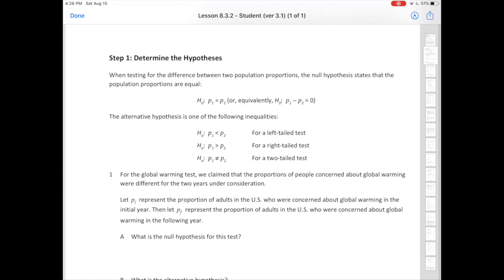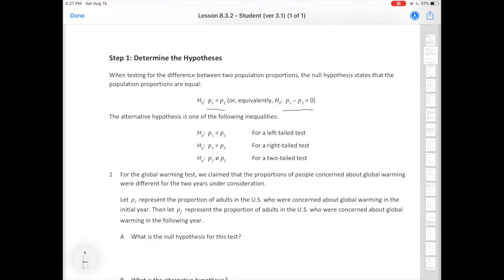When you write the null hypothesis, you always put that one P equals the other P. So in this case, P1 equals P2. Or you can also write that P1 minus P2 is equal to 0. So these two are the same thing. You write down the one that you feel more comfortable with.